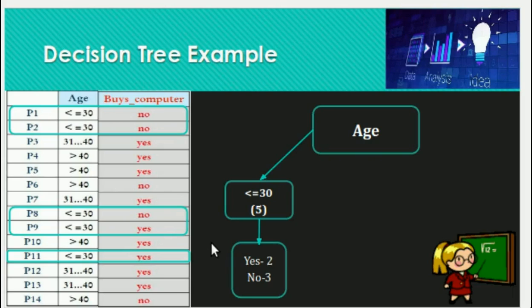If you observe keenly, 2 belong to the yes class, that is P9 and P11, and 3 belong to the no class, that is P1, P2 and P8. The entropy for age with yes is 2 out of 5. Similarly, for age with no it is 3 out of 5. We will require these values further to calculate the information gain.